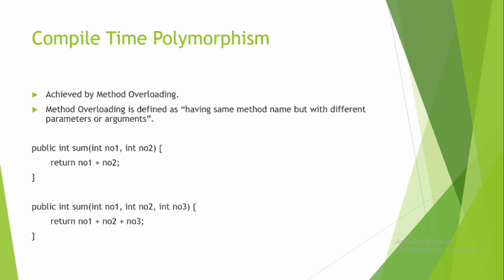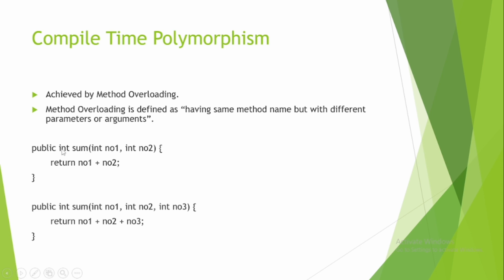Whatever the return type, here it is int, and here also int. Method overloading doesn't depend on the return type. A return type can be the same or different. It doesn't matter for method overloading.